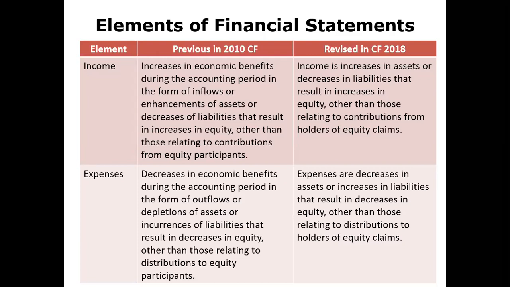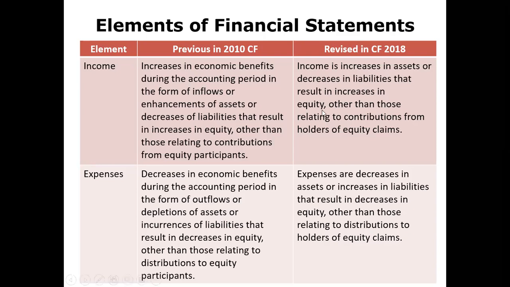At the same time, it says that income can also be a decrease in liabilities and an increase in equity. For example, think about settling a liability, a trade payable, and you are receiving a discount. If you receive a discount, liability decreases, and at the same time, equity increases. That is another example.